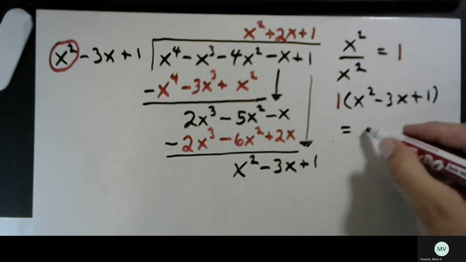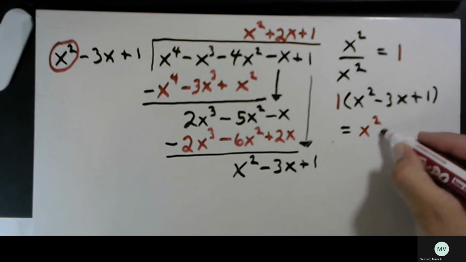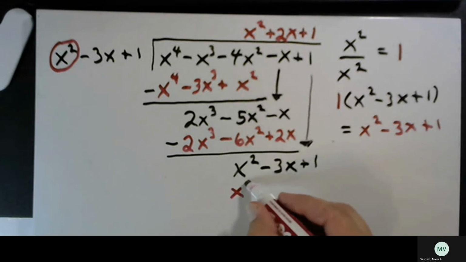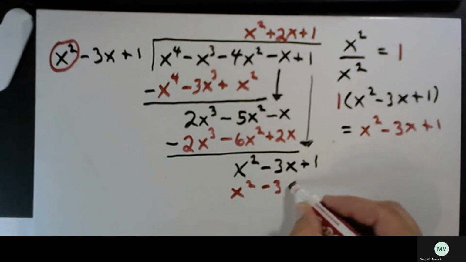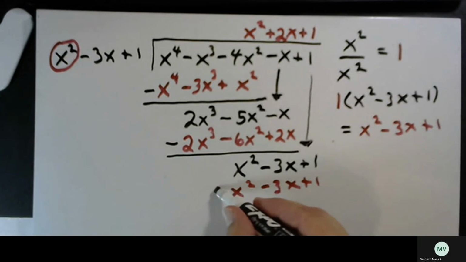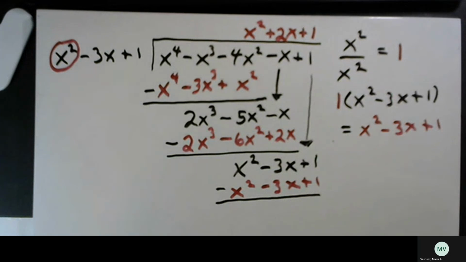So we're just going to get x squared minus 3x plus 1. And then we do our subtractions. It's just going to be the same term subtracting itself. This term subtracting itself. This term subtracting itself. That's just going to be 0. And that's it. That's the end of the third cycle.